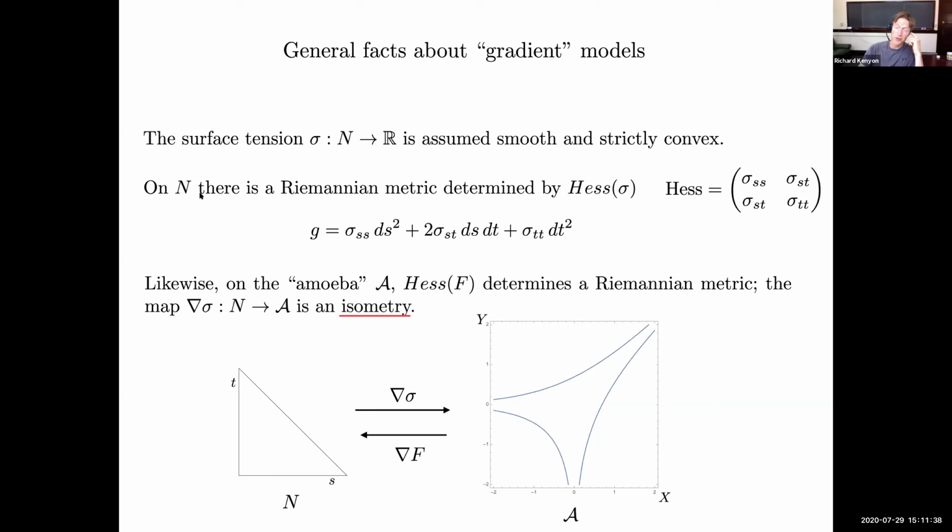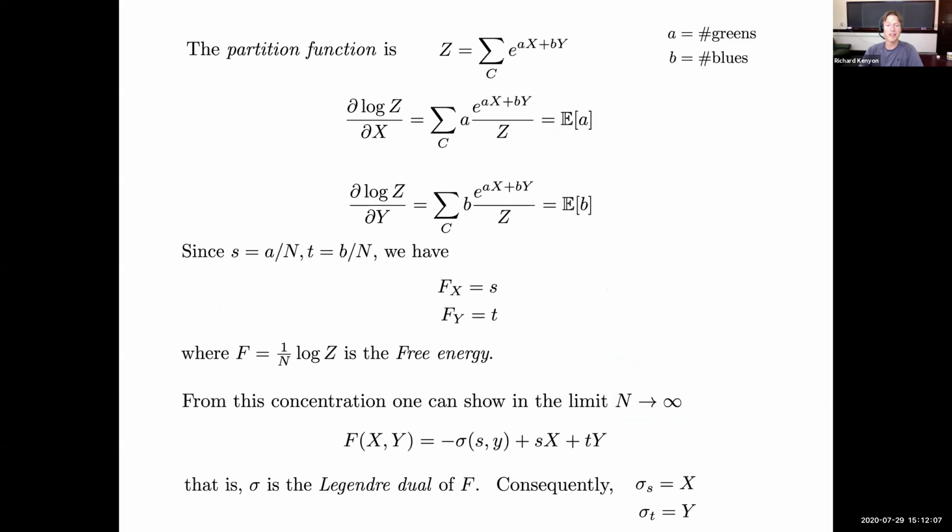So the first geometric viewpoint here is to think about a certain metric on N, because sigma is strictly convex, it has a positive definite Hessian matrix. It's smooth and strictly convex. So you look at the Hessian matrix, the matrix of second derivatives, and here the coordinates on N are s and t. Those are the slope variables. I hope that was clear. Remember, let's look at this picture.